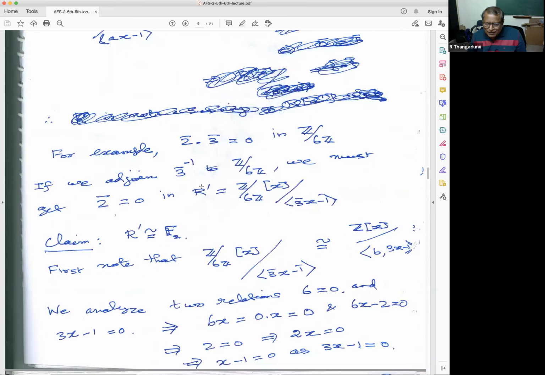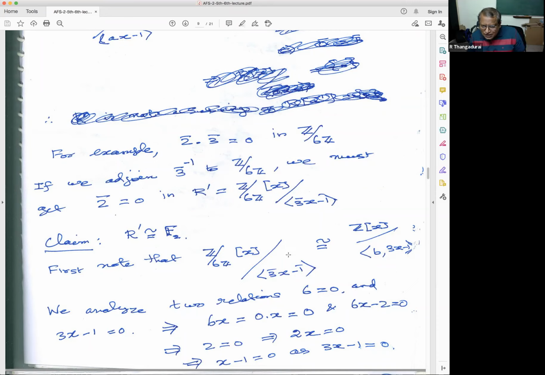First note that our R prime is nothing but Z mod 6Z[x] quotiented by an ideal. Already we have quotiented by 6Z, that is Z[x] over 6Z[x], and then we are quotienting once more by the ideal. This is the same as quotienting by both relations put together: 6 equals 0 and 3x minus 1 equals 0.